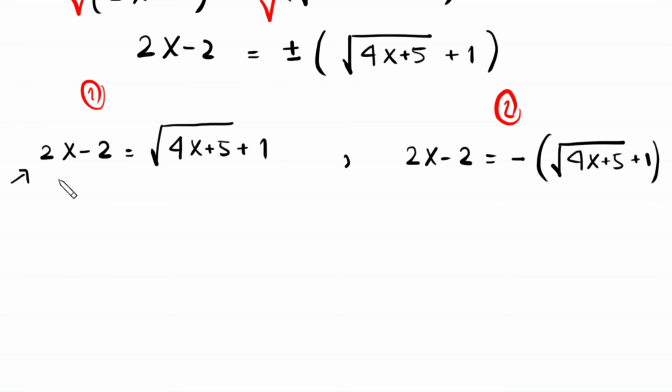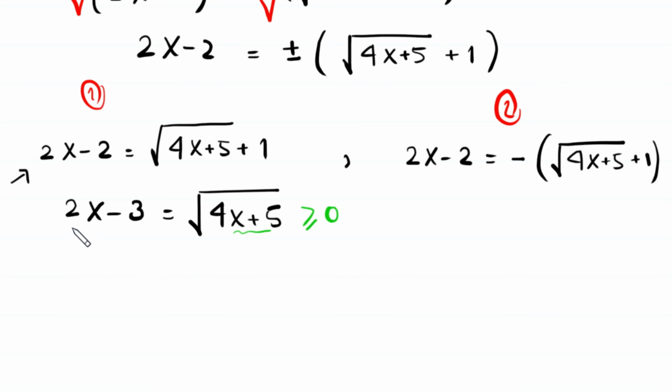In this case if we subtract 1 from both sides, this will become 2x minus 3 equal to root 4 times x plus 5. Since this root 4x plus 5 must be greater than or equal to 0, 2x minus 3 must also be greater than or equal to 0.